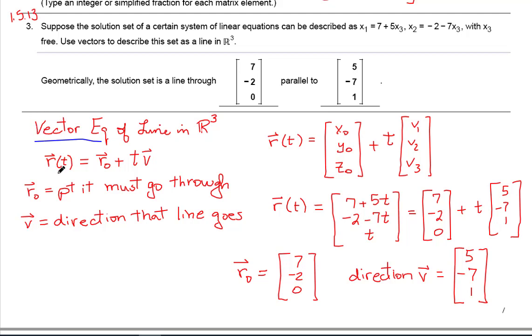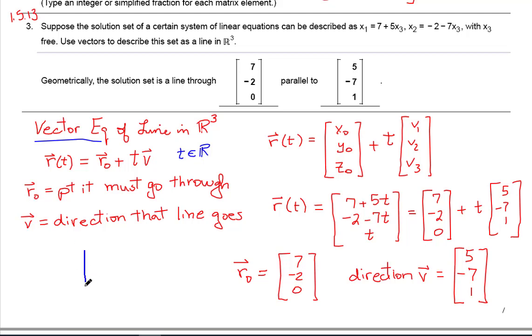Well, it's of the form R of t as my vector R0 plus t. T is my scalar. T is just a real number multiplied by vector v.